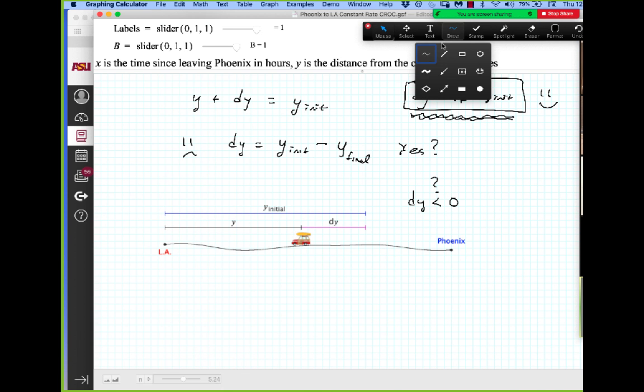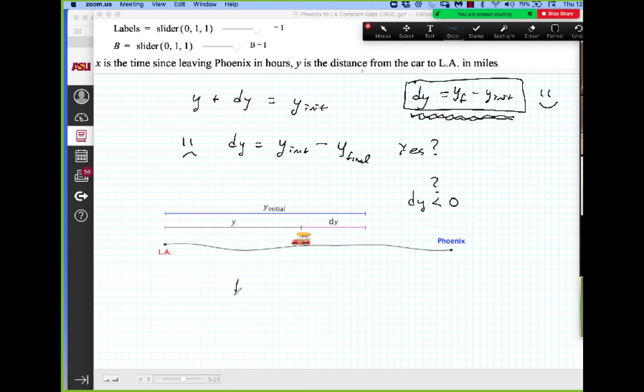So you're saying if you wrote it this way, this would be less than 0? Is that what you're saying? Because this is less than this. I think so.